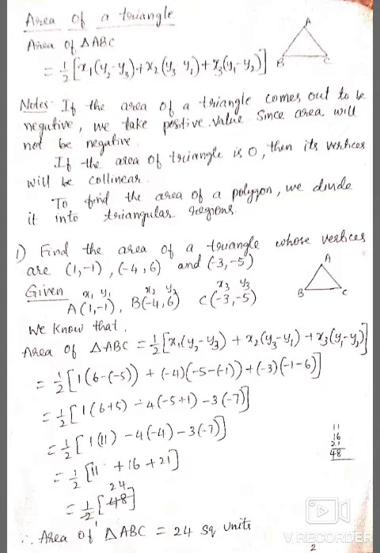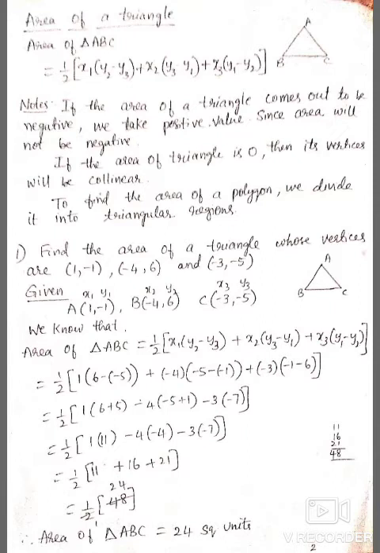Now simplify. Half of 1 into 6 plus 5, that is 11. Plus −4 into −5 plus 1, that is −4. Plus −3 into −1 − 6, that is −7.